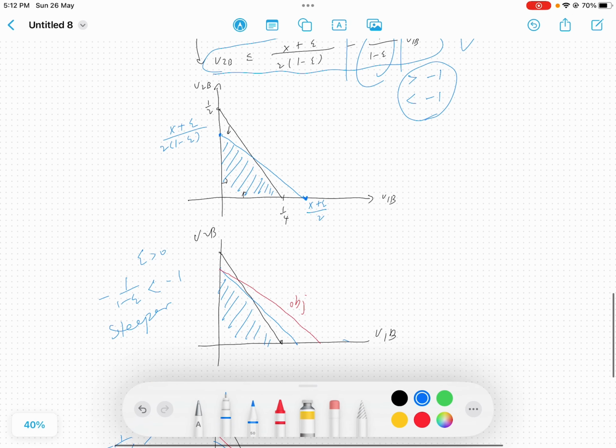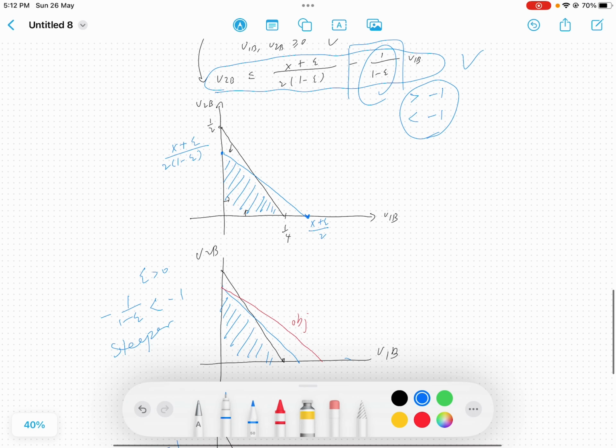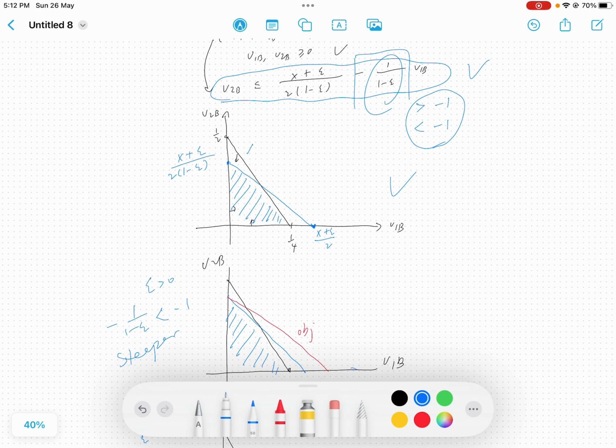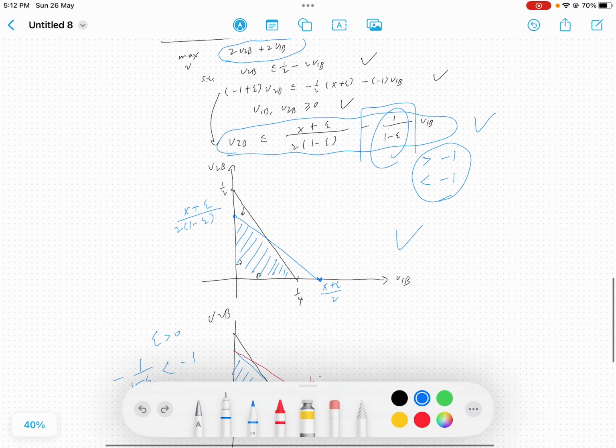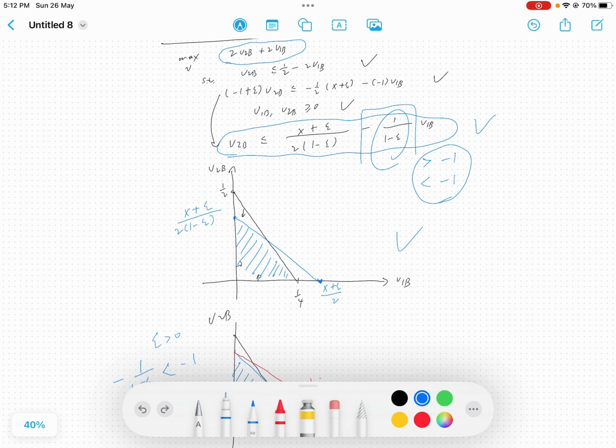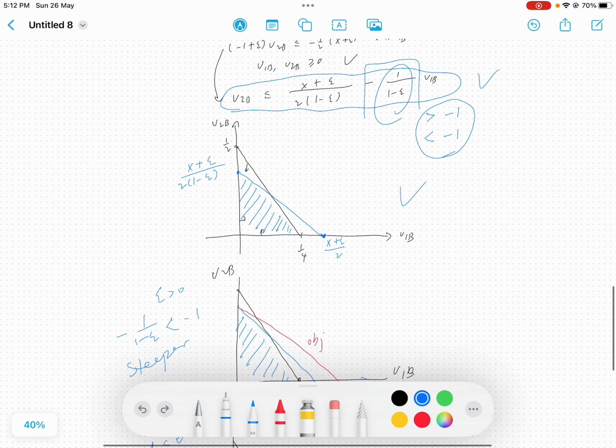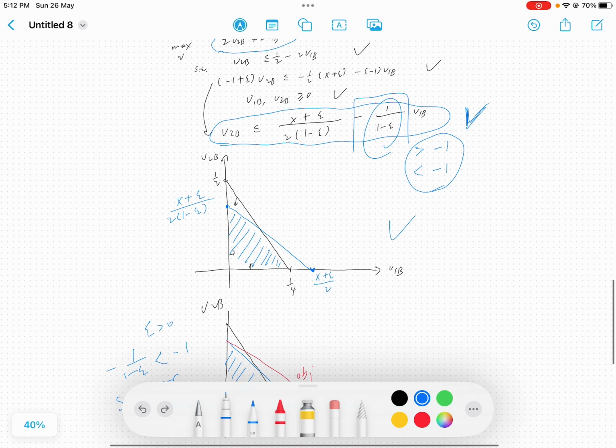Initially we have this plot, and the black line here is simply the first constraint. That doesn't matter here, we already know that. The blue line here is the constraint that is derived, which is drawn from this inequality.